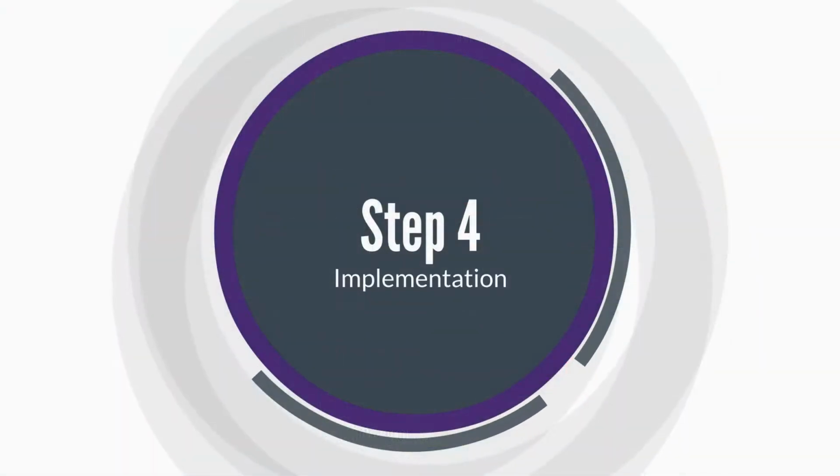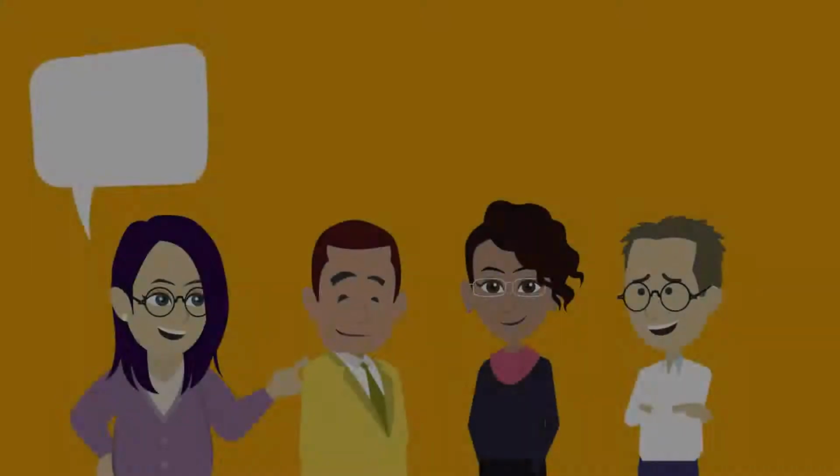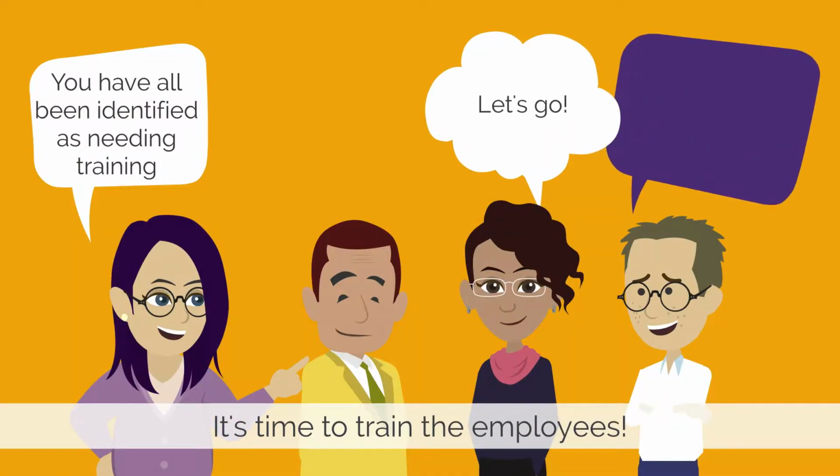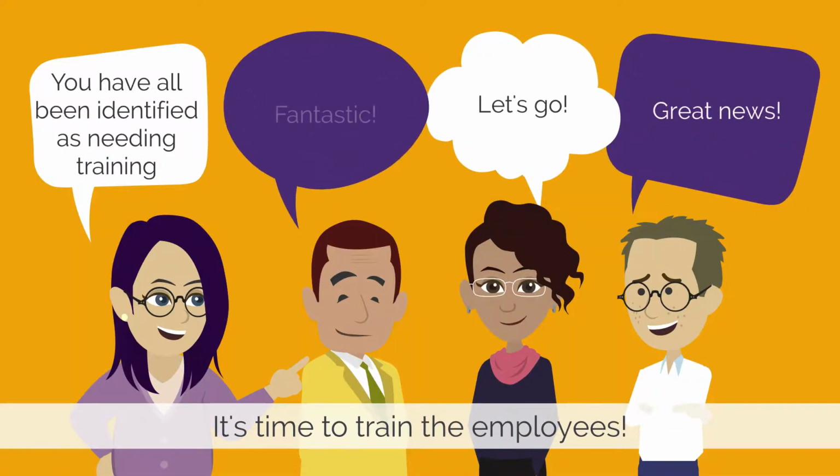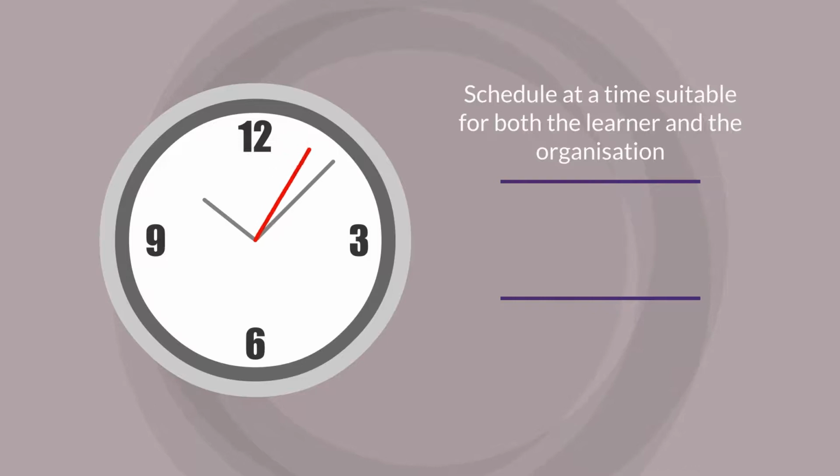Step 4. Implementation. Based on the piloting of this training need, the next step is to conduct the training of the employees who have been identified for this new skill. It is important to schedule training at a time that is suitable for both the learner and the organisation.